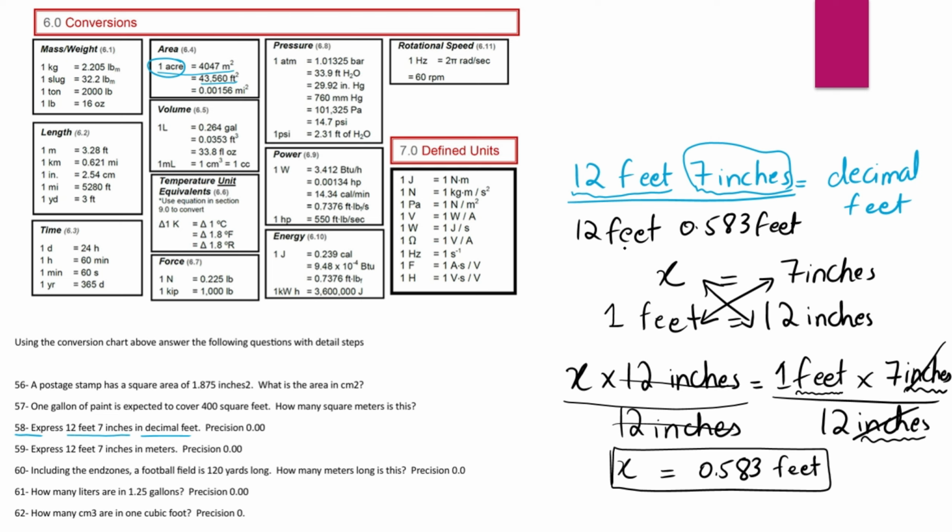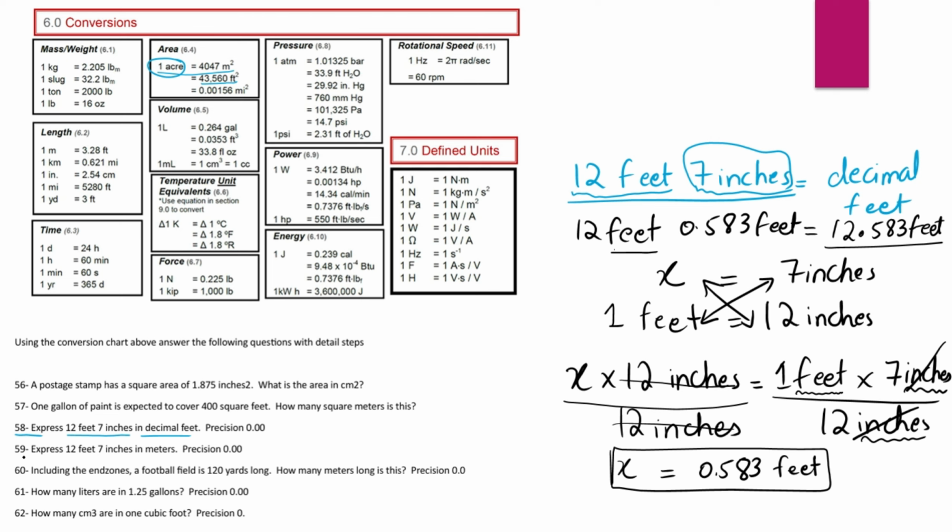Both units are in feet, so you can just add them: 12 feet plus 0.583 feet gives 12.583 feet. This is decimal feet, because you have a value with a decimal point. So this is your overall answer, 12.583 feet.